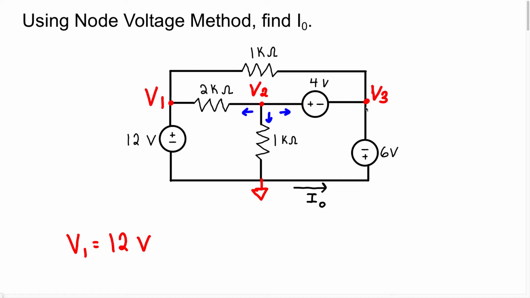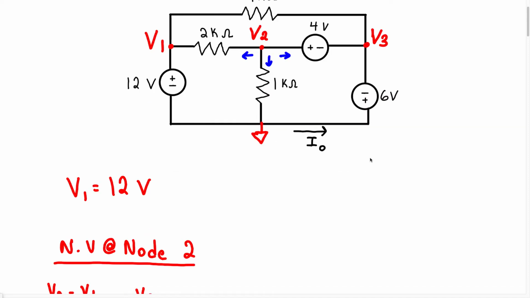When we look at node 3, we know the voltage at node 3 because node 3 is very similar to node 1. We have a voltage source in one of the branches by itself, which means the value of this voltage source is going to be the value at node 3. Because of the polarity of this voltage source, it is going to be a negative voltage. So we can say V3 equals negative 6 volts.